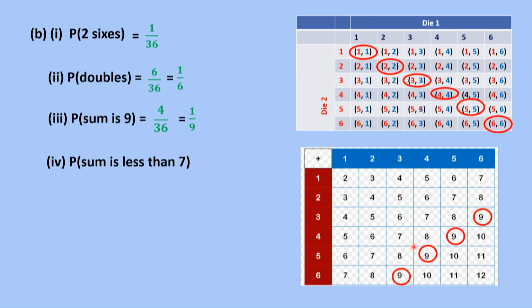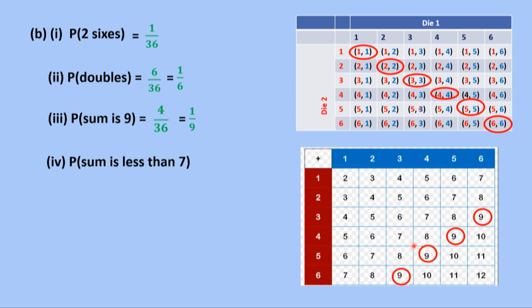Next one. Probability the sum is less than 7. Less than 7 means 2, 3, 4, 5, and 6. I didn't start with 1 or 0 because we cannot get a sum of 0 or a sum of 1. So sum less than 7 will be 2, 3, 4, 5, and 6.